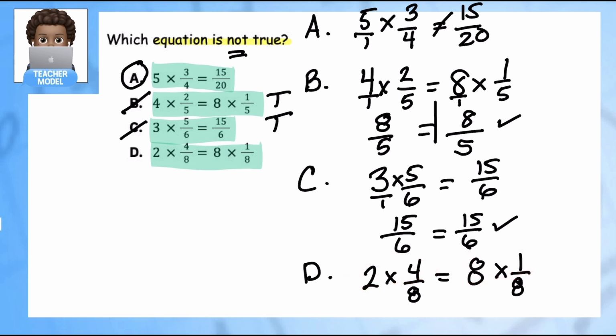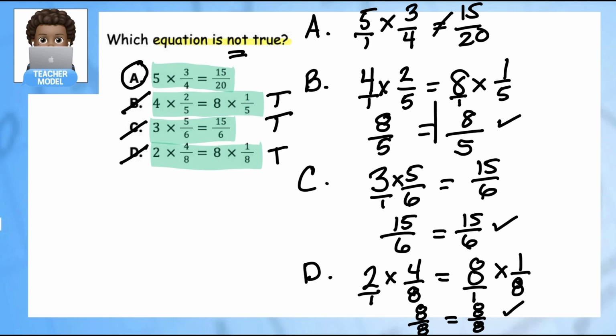Why am I multiplying the whole number times the numerator? Because again, these are whole numbers, so I know they're going to have 1 as a denominator. And so when I multiply them out, I do get 8 over 8 is equal to 8 over 8, making this one also true. Alright, so I hope you're seeing some patterns here.